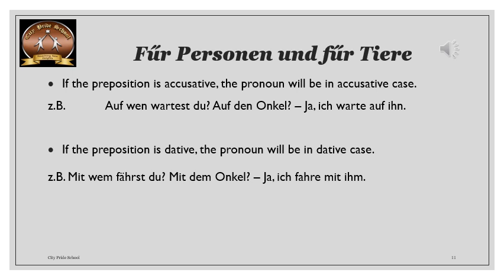So while writing answers for Personen oder für Tiere, in case of verbs with fixed preposition, you have to use preposition and the personal pronoun according to the respective case. So I hope that now you must have understood when we use verb with fixed preposition how to form the questions for objects as well as for people.